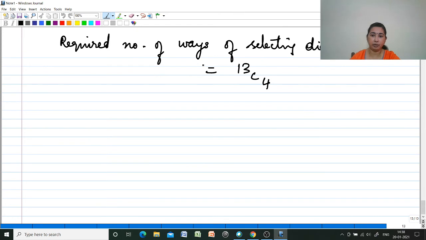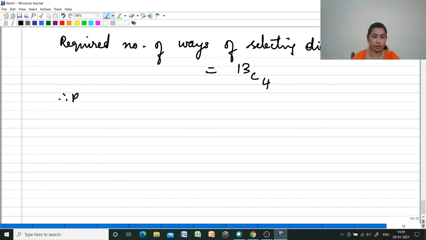If it is club, the required number of ways of selecting club also is 13C4. If it is heart also 13C4, spade also 13C4.